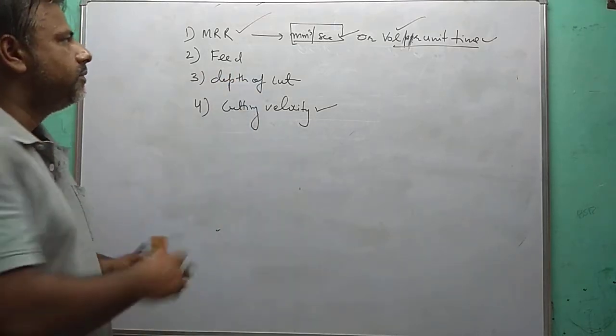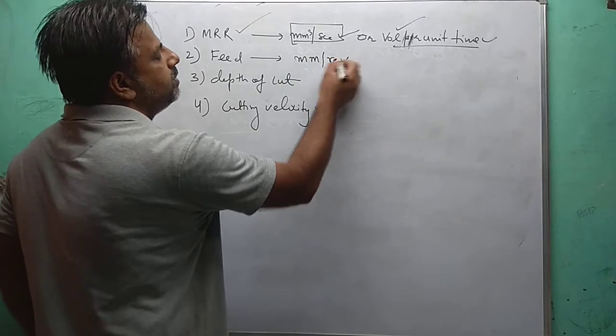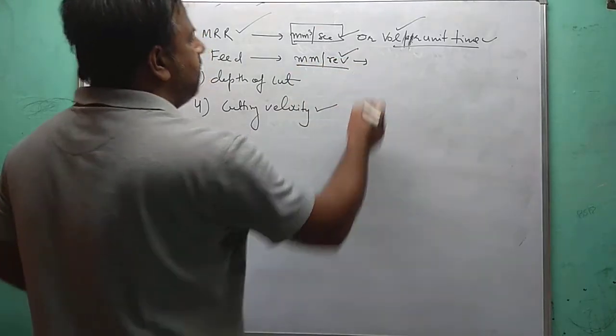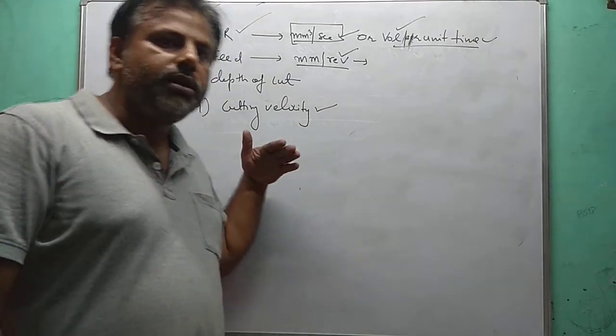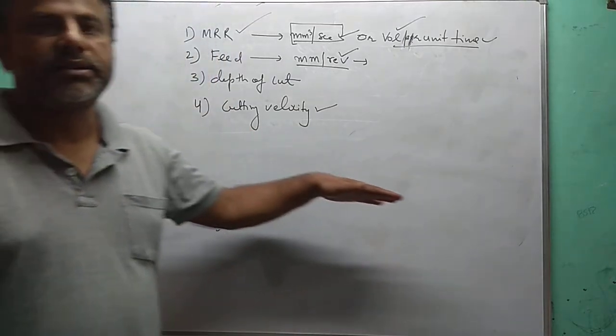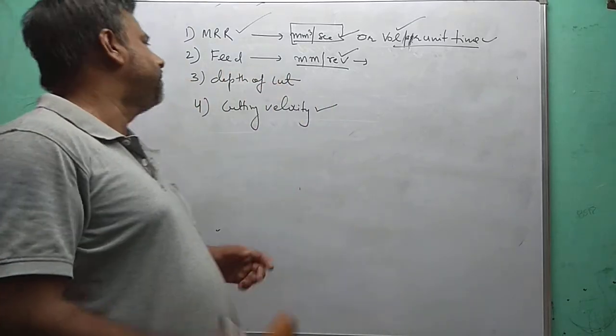Feed: the unit of feed is mm per revolution. The distance traveled by the cutting tool along the axis of the job per revolution is known as the feed.